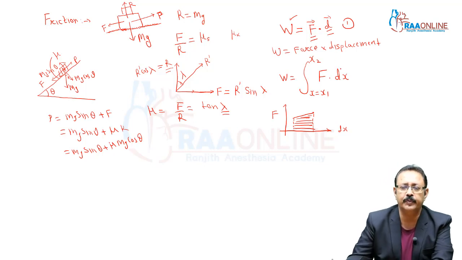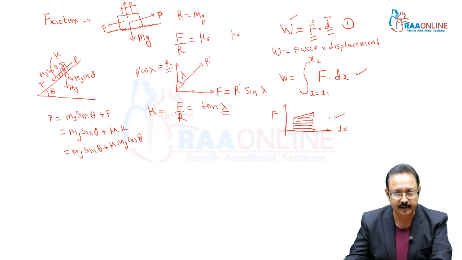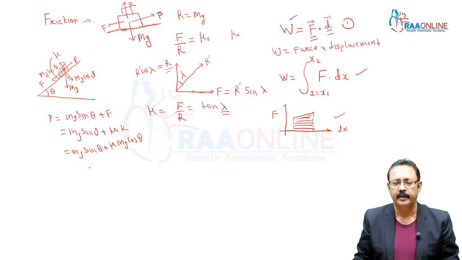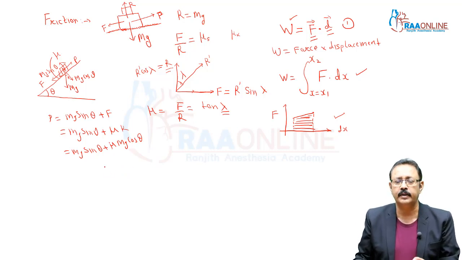Or they will give you force variable in terms of x, and they will check your integration power. Or they can check how sound you are graphically. So remember always, if force is variable, either integrate it, or if graph is given, calculate the area bounded between your curve and the displacement axis. In this way, you can calculate work.